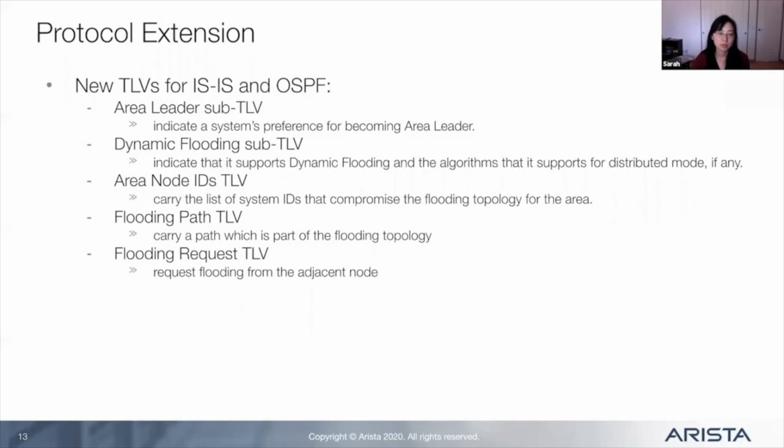In the previous slides, I mentioned there's a temporary flooding mechanism, and this is achieved by using the flooding request TLV. Basically, a node can send the flooding request to its neighbor, and its neighbor will start flooding on this link temporarily, even if the link is not part of the flooding topology.